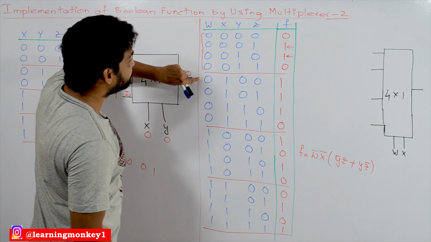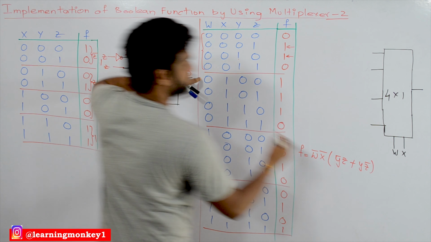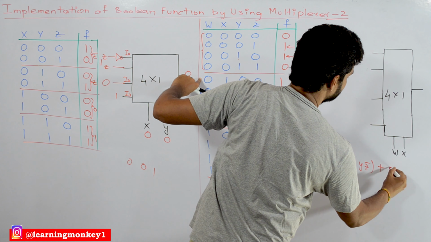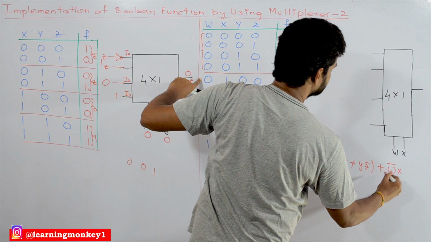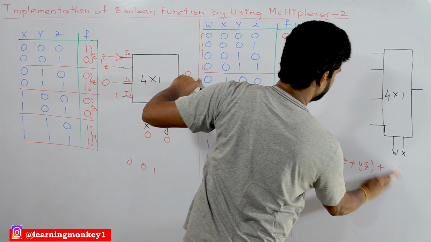Whenever the value of WX is 0 1, meaning W complement X, what is the output? So let's take it down.